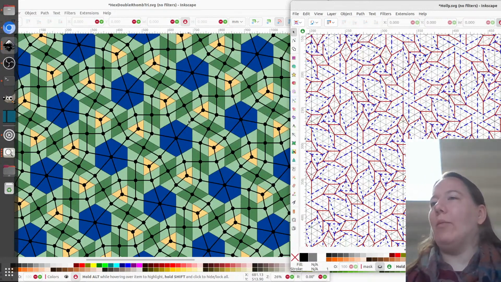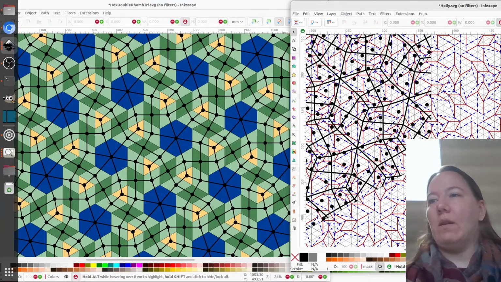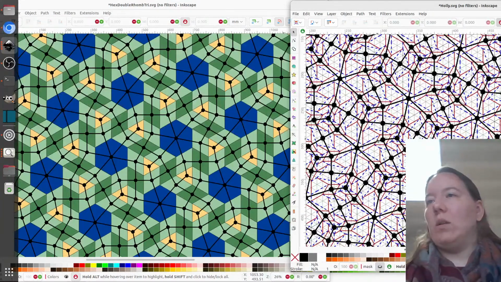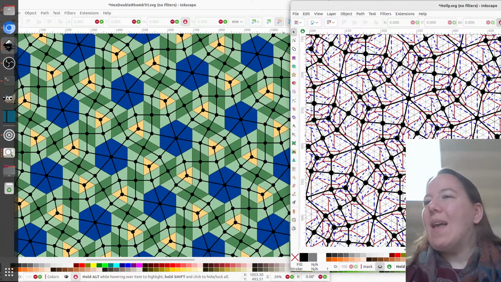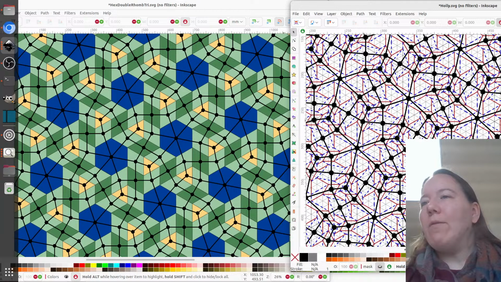And to really double check that this is the same connectivity between the two, we can pull up the skeleton, which snaps in once you scroll, and see, okay, we've got this kind of kite flowery thing going on around the hexagon. Got that same kite flowery thing around these hexagons.